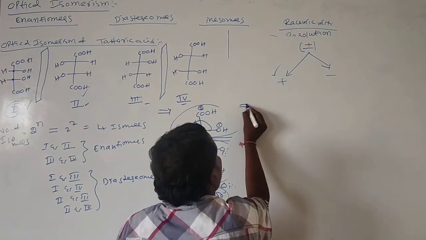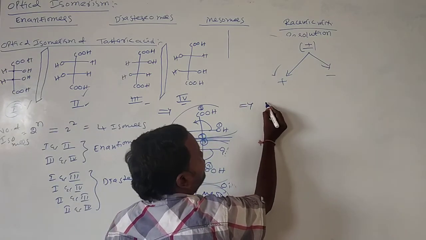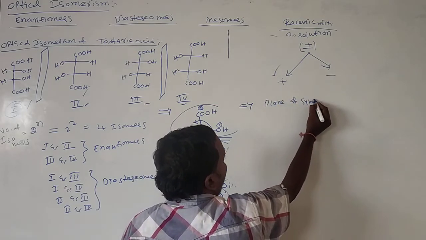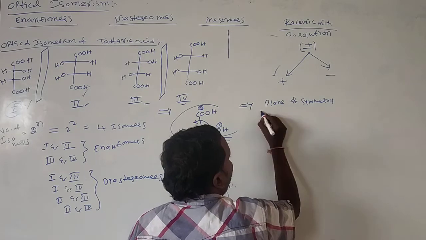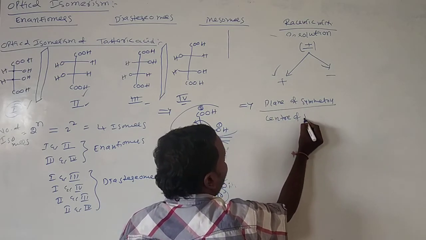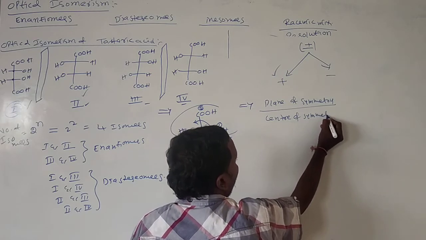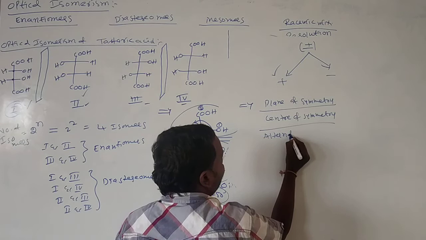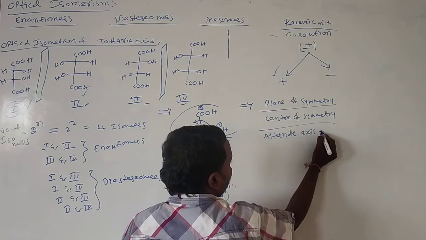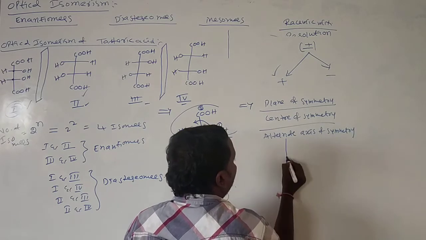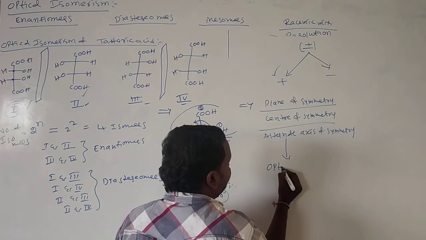And here are the molecules which have a plane of symmetry. I don't want to go into the depth of this. Plane of symmetry, center of symmetry and alternate axis of symmetry, all those are optically inactive.